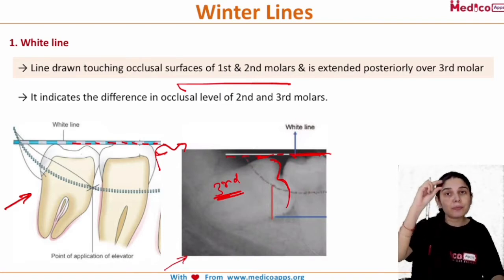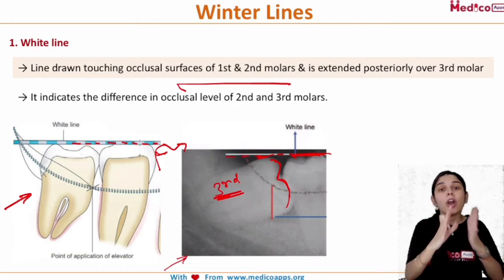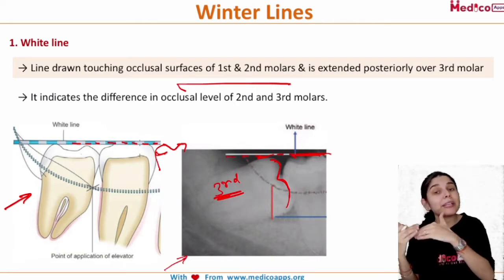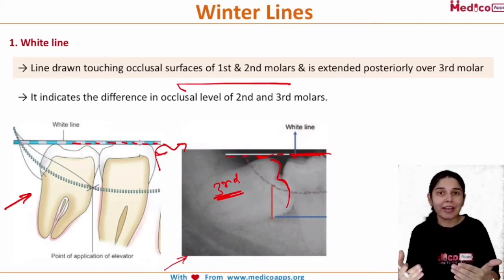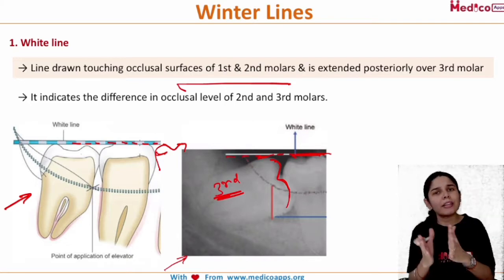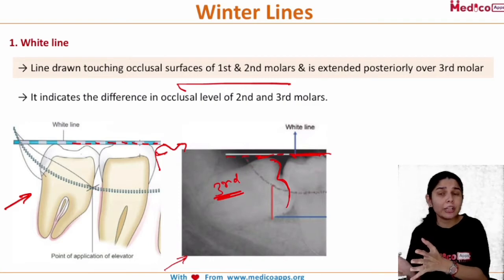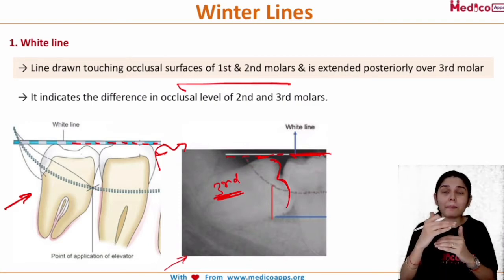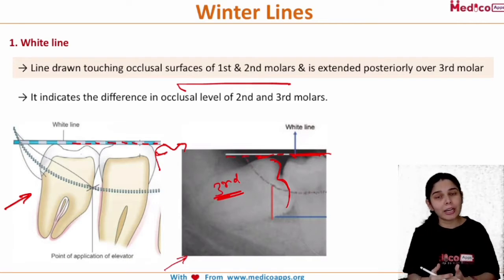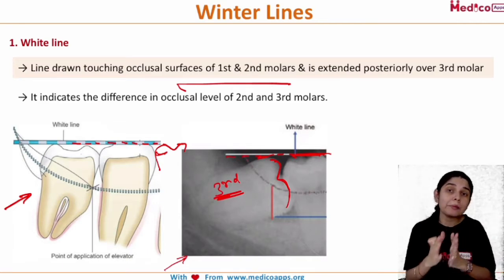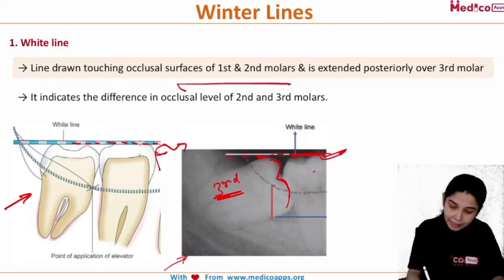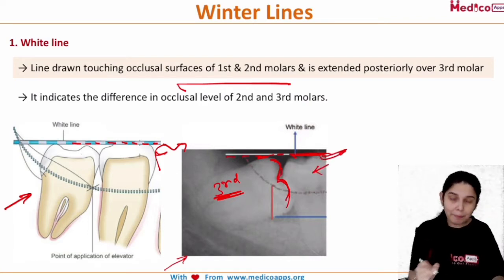From the difference between these, the depth of the third molar from the occlusal surface, or how much it is inclined, we will be able to classify this impaction as mesioangular inclination, distoangular inclination, vertical impaction or horizontal impaction. It also helps in understanding the relationship with the erupted molar. This is the erupted molar and this is the impacted molar.